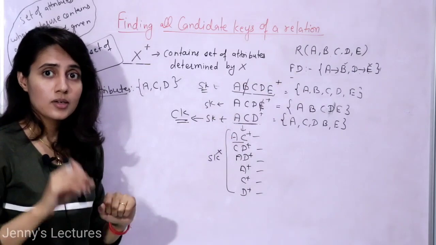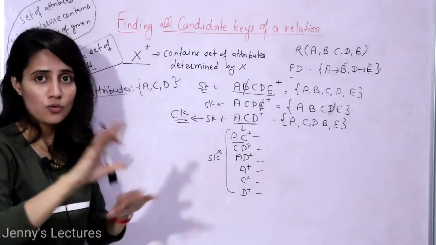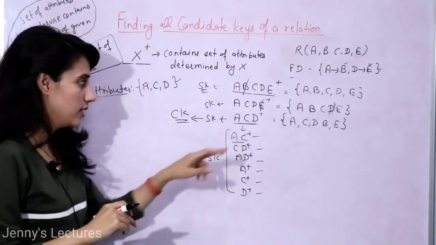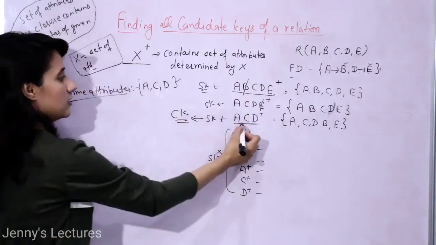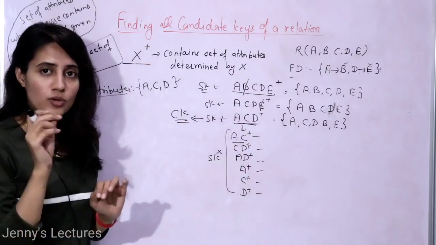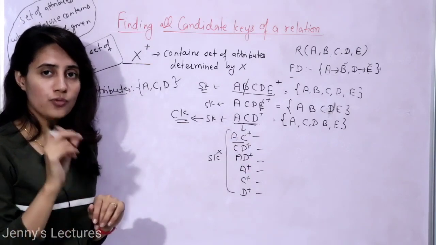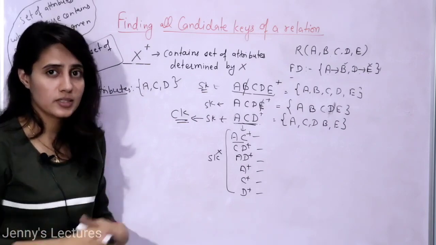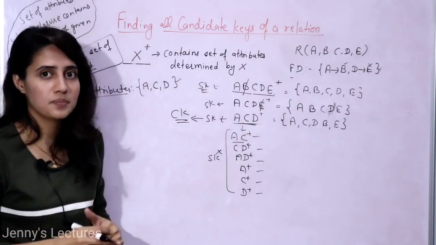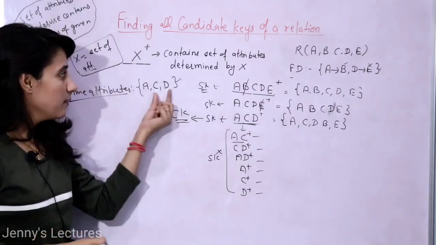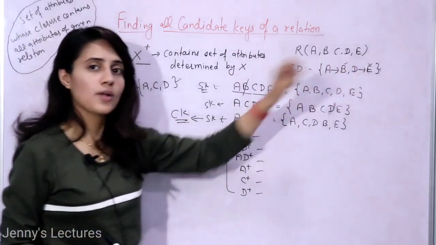So the only candidate key is A, C and D, right? This is a short trick, and a very important trick from the point of view of the GATE or NET exam. This will save your time. Now let us take the case where the prime attributes are available on the right hand side.